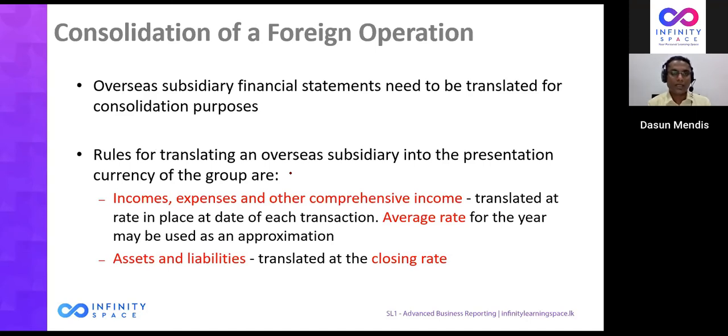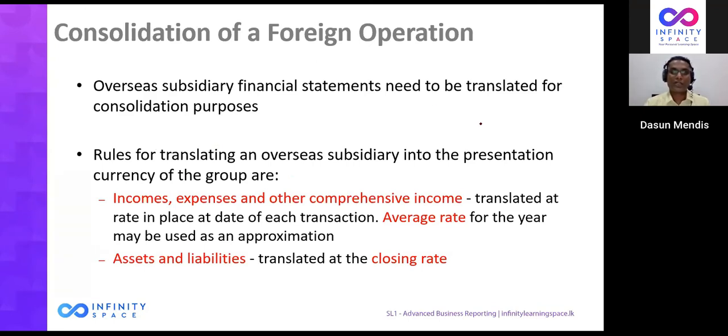So if you have a foreign subsidiary, the figures are given in a different functional currency, not in rupees. The parent's currency is, let's say, rupees, and the subsidiary has a different functional currency. So before consolidation, you need to convert the foreign currency financial statements of the subsidiary into the parent's currency, that means into rupees.